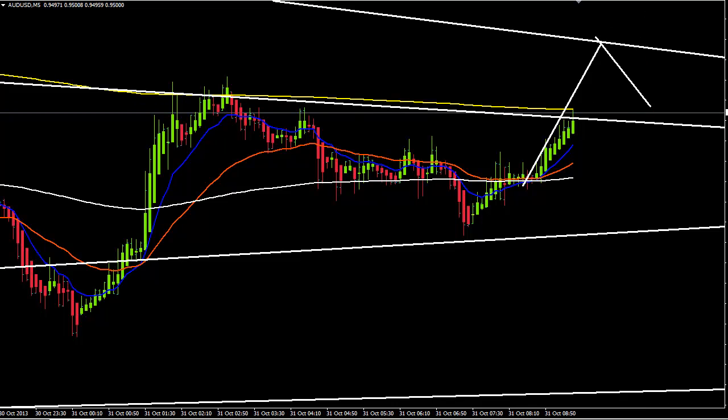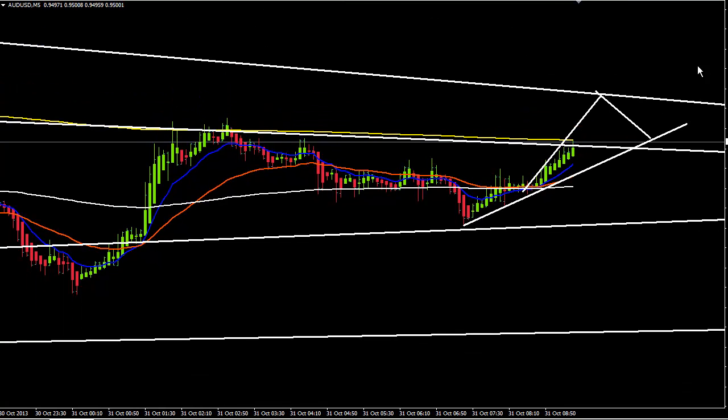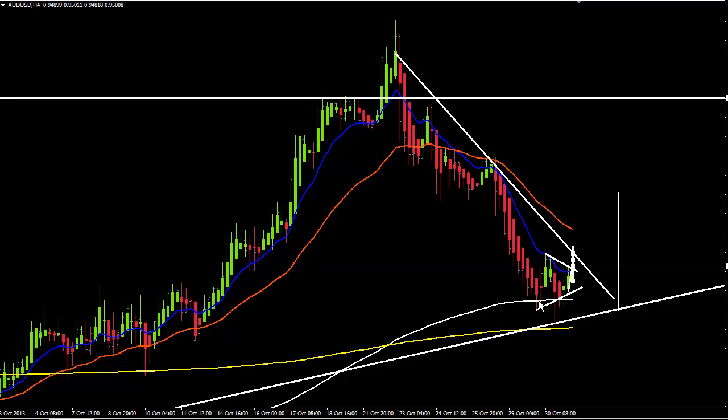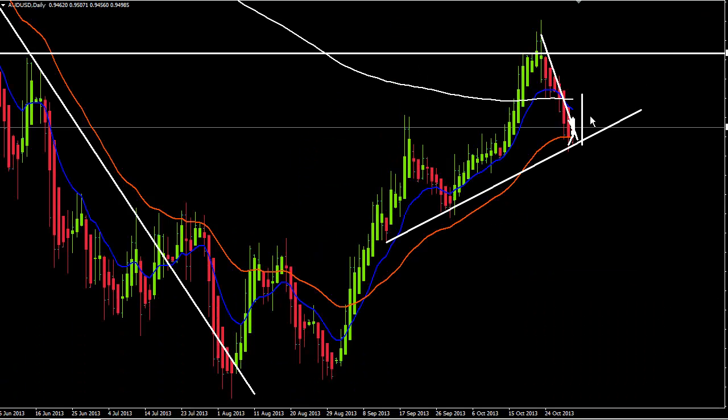But if you get a 1, 2, 3 and you have a little bit of support, you can use it as a nice excuse, or reason. Excuse is not a nice word here, to take a long aggressively because of the bounce on the 4-hourly chart. It's against the 4-hourly trend, but it is still with the daily trend because it's major support.